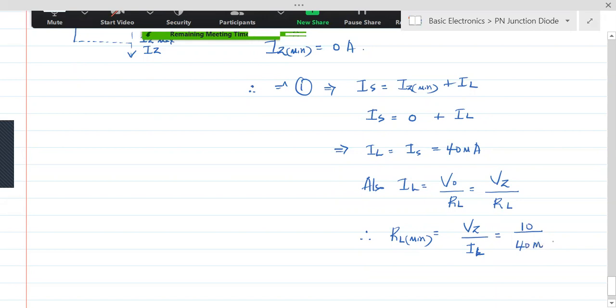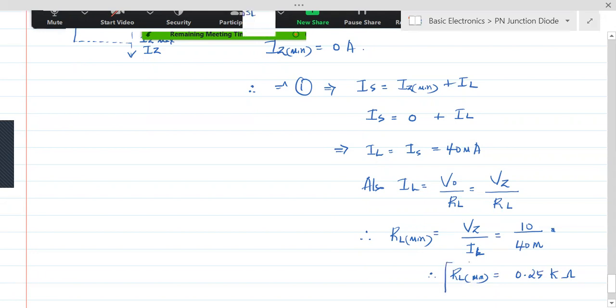So this would be 0.25 K. Therefore RL minimum is 0.25 kilo ohm.